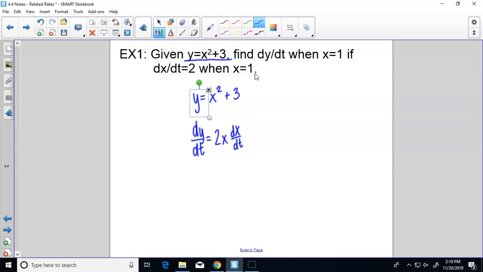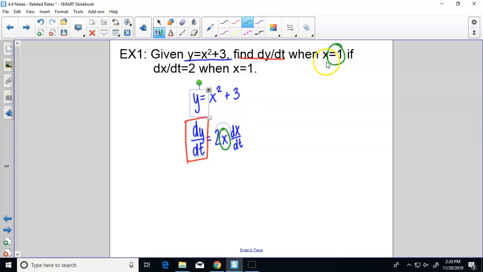And so we are looking for dy/dt. So that is what I'm trying to solve for. You're never going to plug a number in for whatever you're trying to find. So if we're looking for dy/dt, we're not replacing that. We just can't solve for it if we replace it with a number. And then basically you're using the information that's given to you to plug into this equation. So I see that x equals 1.